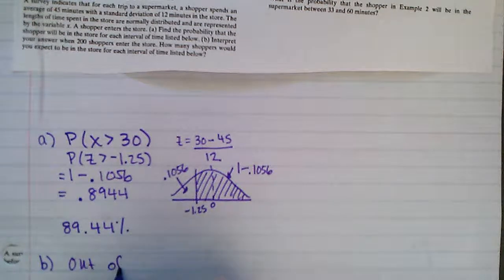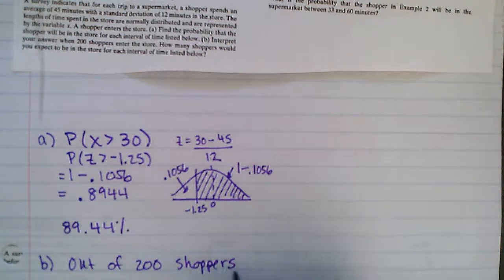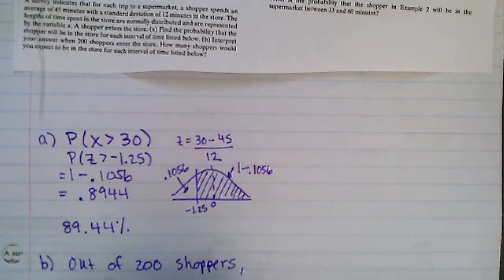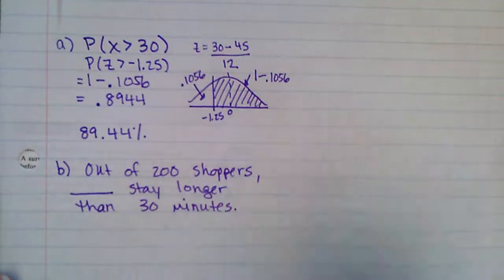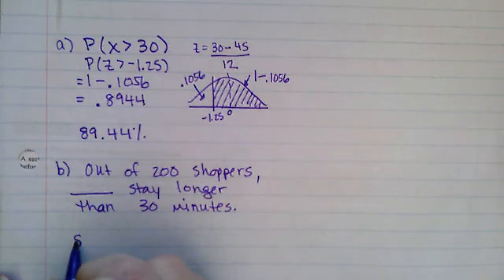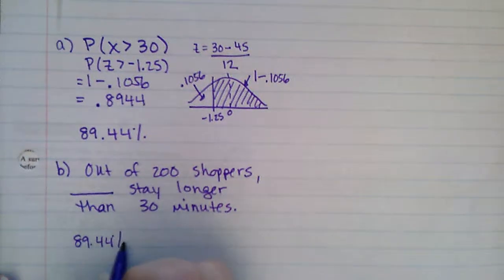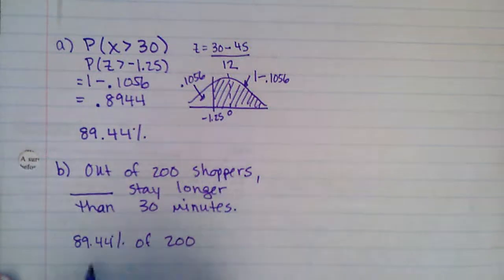Then I want to know out of 200 shoppers, how many would be expected to stay longer than 30 minutes. Well, it would be 89.44% of my 200 shoppers.